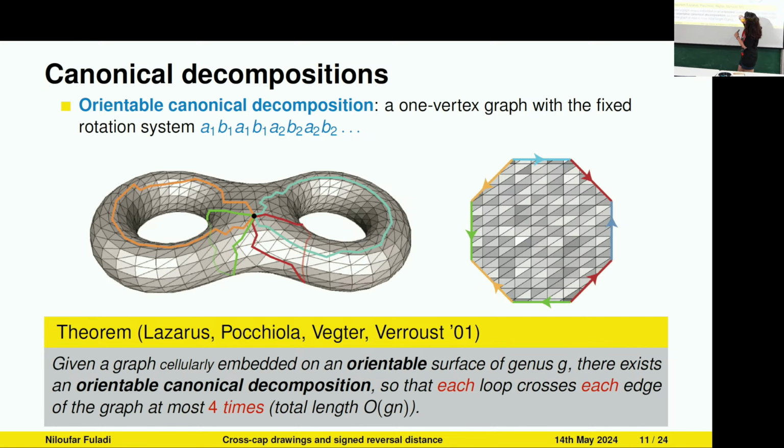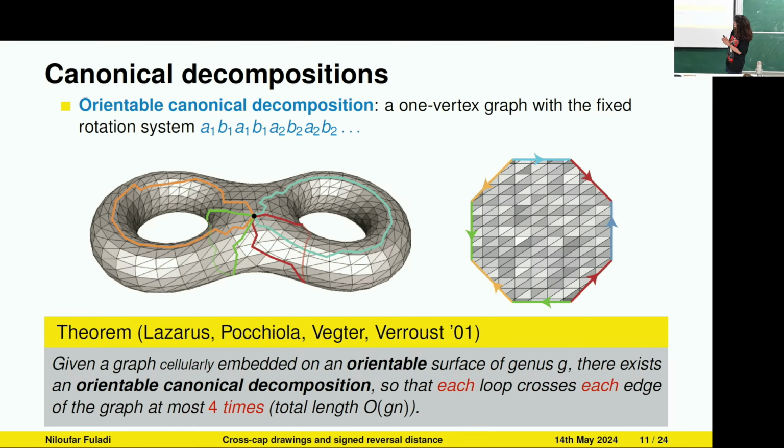This one is called an orientable canonical decomposition, and when you look at the order of the edges around this vertex, you see AB, AB, CD, CD, or A1, B1. When you cut this double torus along this, you get a disk with the same kind of ordering: A, B, A bar, B bar, C, D, C bar. So these kinds of decomposition were known.